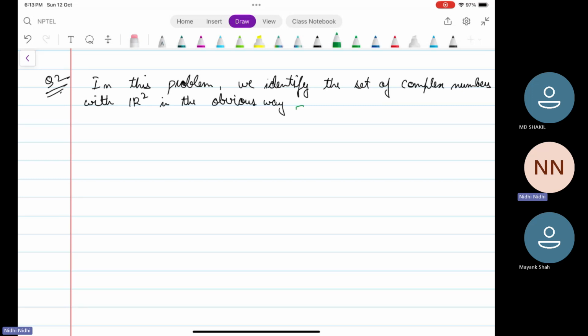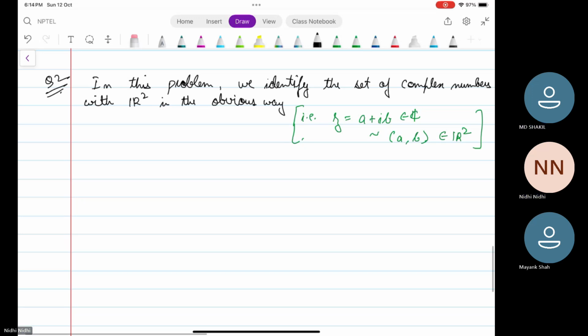That means if we have a complex number z which is equal to a plus iota b, we'll write it to be equal to a comma b. This is an element in C and this is an element in R2.